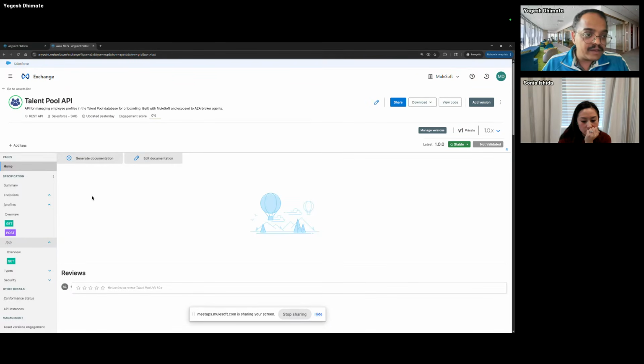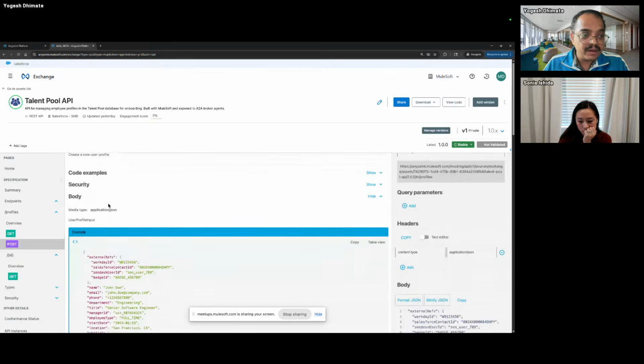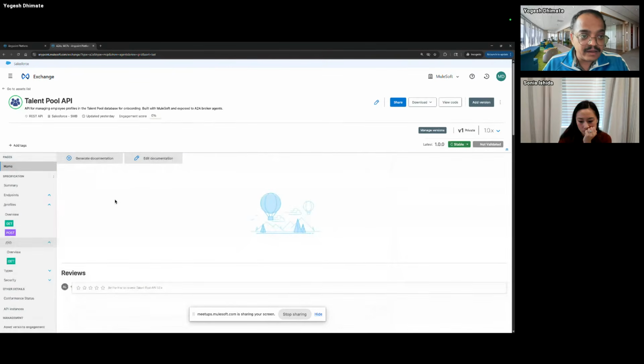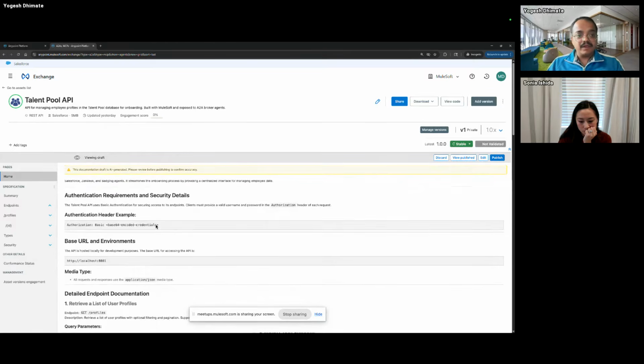Before that, Janice goes to the API specification in Exchange, and here you can notice there is a generate documentation button to generate documentation of this API using AI. So she clicks on the generate documentation button, and it generates the documentation in Exchange.